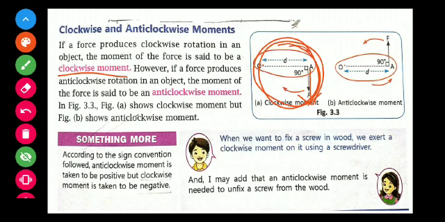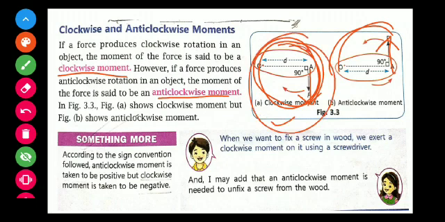And if after the application of force the rotation is anti-clockwise, in that case the moment of force is anti-clockwise movement. This figure shows the clockwise movement and this figure shows the anti-clockwise movement.